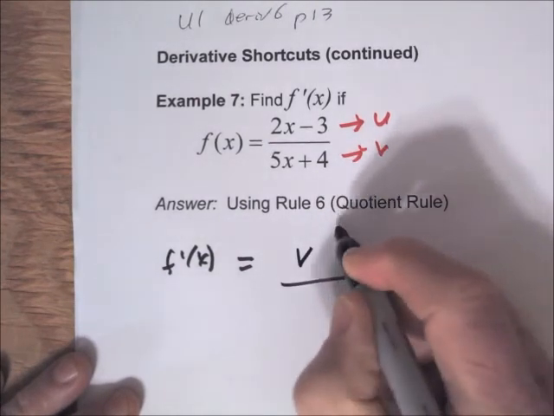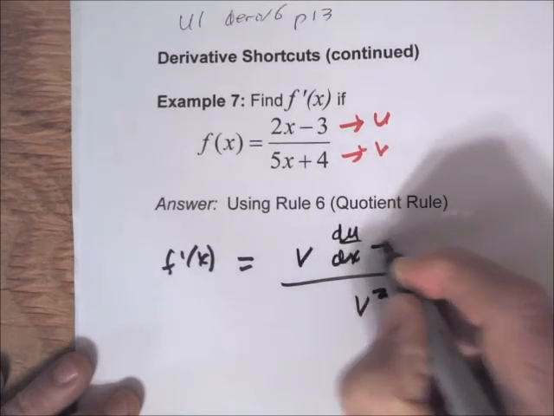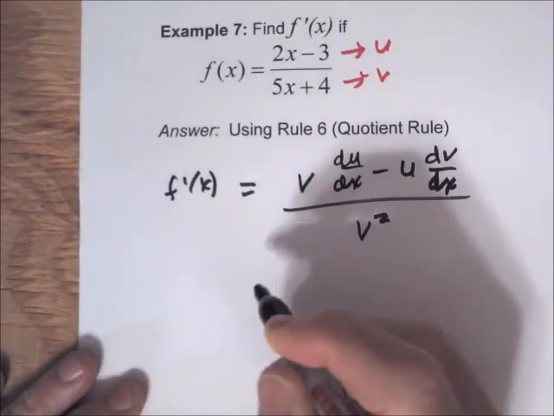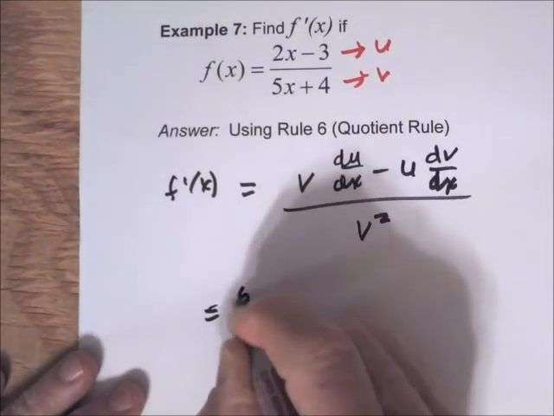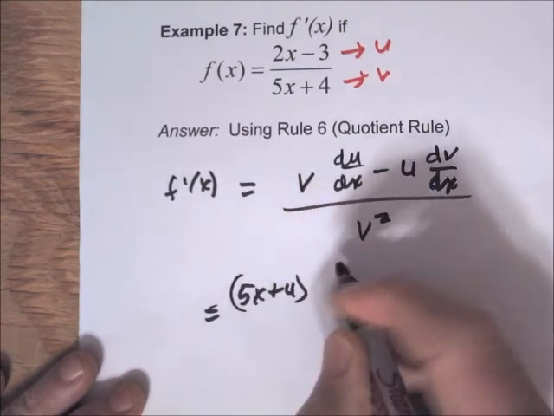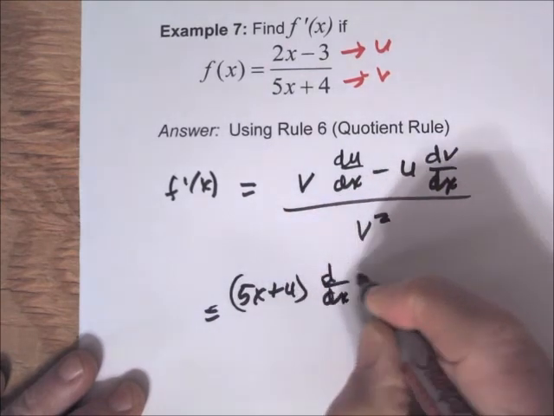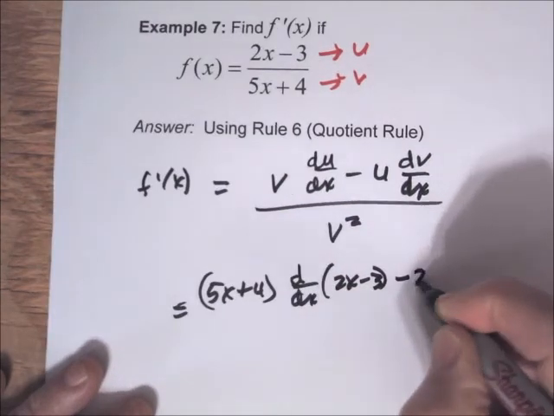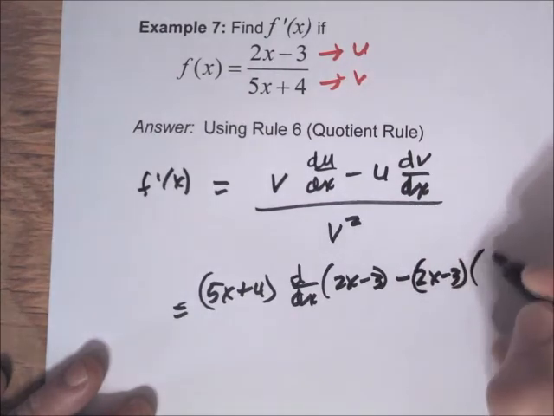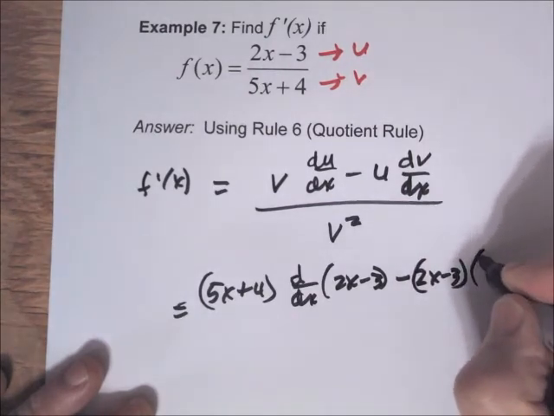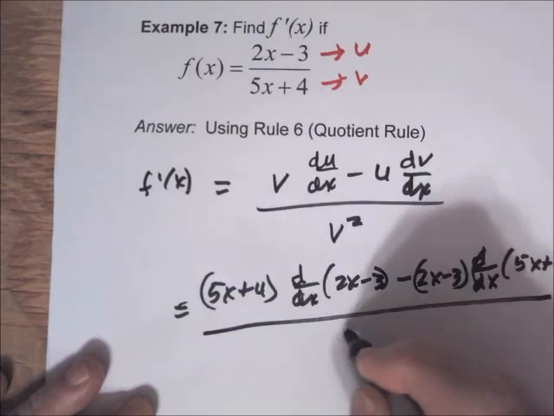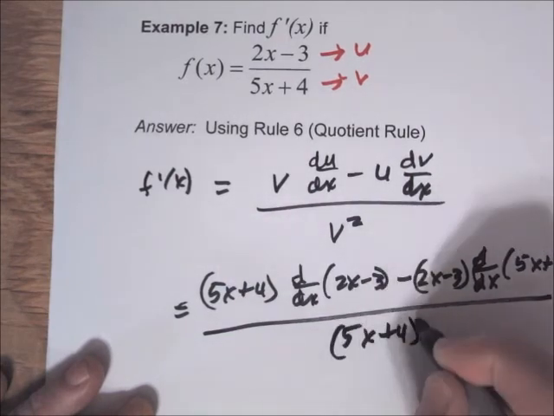So it's going to be v times du/dx minus u times dv/dx. And v is 5x plus 4 times the derivative with respect to x of 2x minus 3, minus 2x minus 3 times the derivative with respect to x of 5x plus 4. And the whole thing is over 5x plus 4 quantity squared.